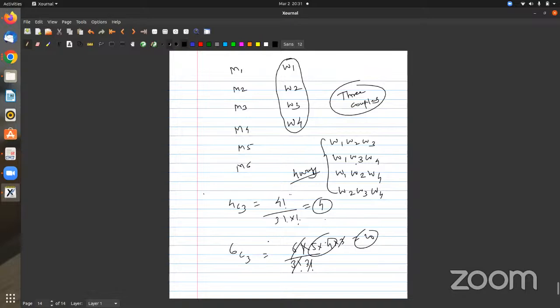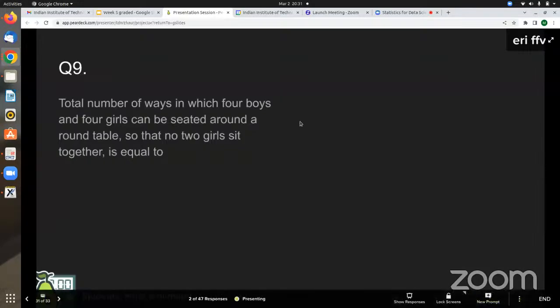So if you understand this permutation and combination concept, it will be easier. But since this week 5 we have only 2 videos, I'm not going into that definition currently. That's why I'm not doing that 9th question also.